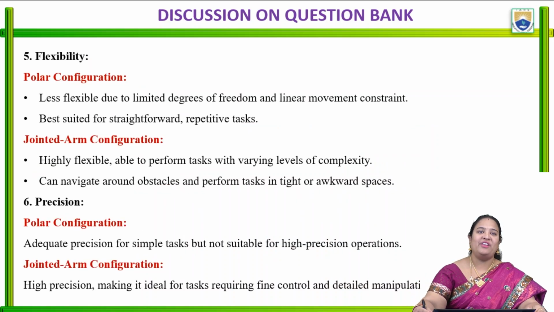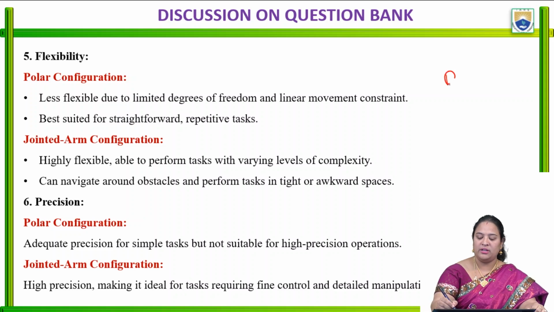Next, coming to the flexibility. How flexible is the polar configuration and how flexible is the jointed arm configuration? That we need to concentrate on. Generally, the polar configuration is less flexible and limited in degrees of freedom.